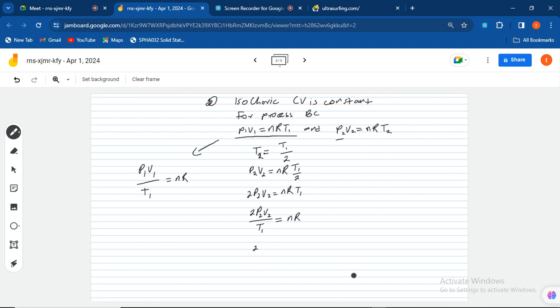So it's going to be 2 P2 V2 over T1 equal to P1 V1 over T1.